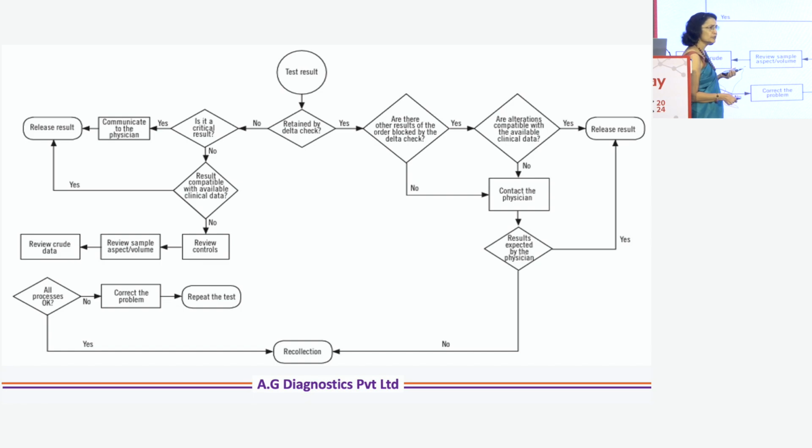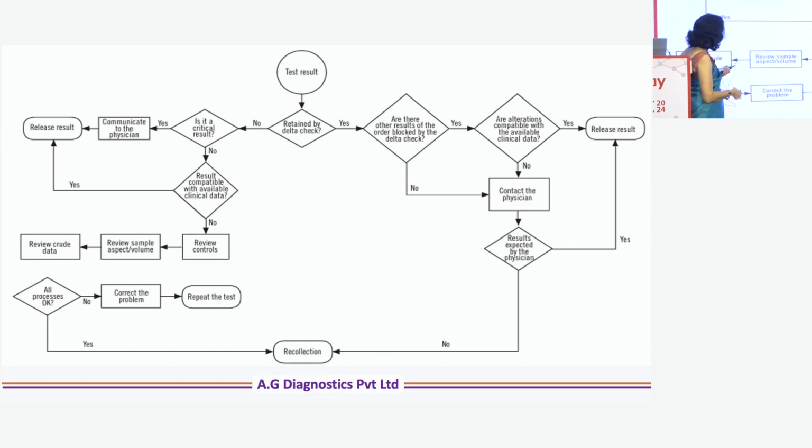If no, then we do tend to call up the physician, we check with the physician for the history, etc. Then depending upon what the clinician tells you, you will decide to either release the result or do some kind of recollection, repeat testing or some reflex testing. If it's a critical result, again you will communicate to the physician immediately.